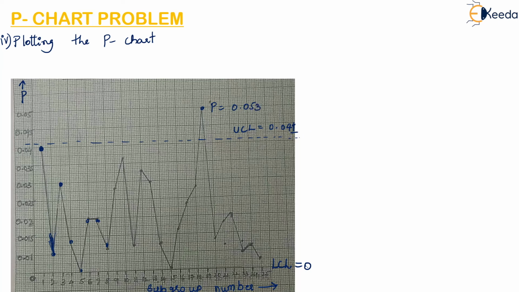So we can say that this process is out of statistical control, and there are assignable causes present in this process.